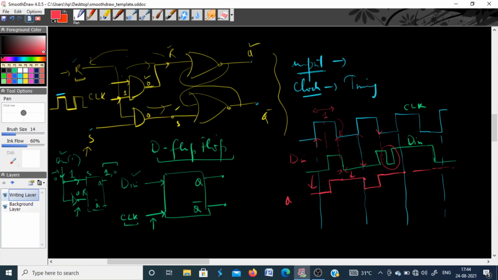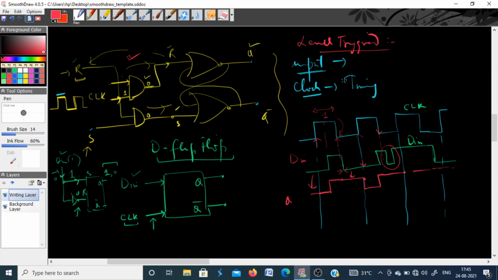Such a kind of flip-flop we call level triggered, because it responds to the level. As long as the level is high at logic 1, the output will change according to the change in the inputs, and when it goes from level high to level low, logic 1 to logic 0, there will be no change in the output.